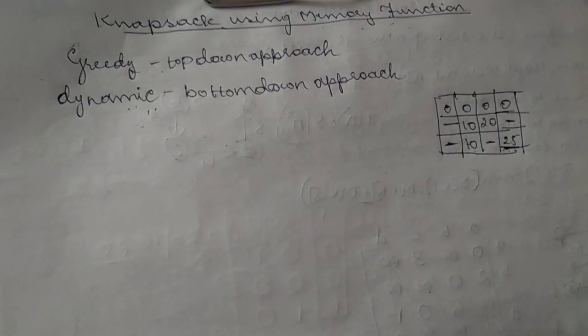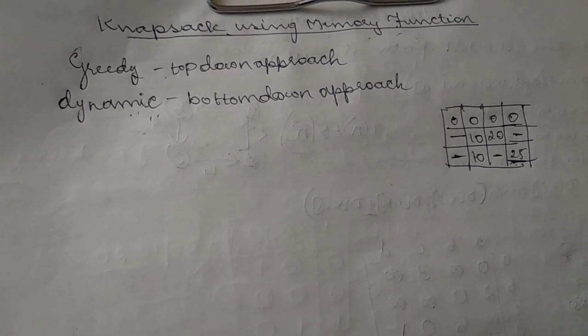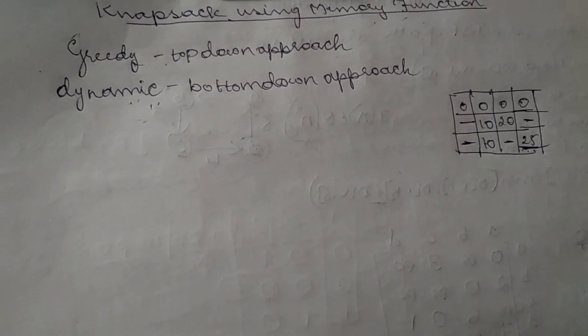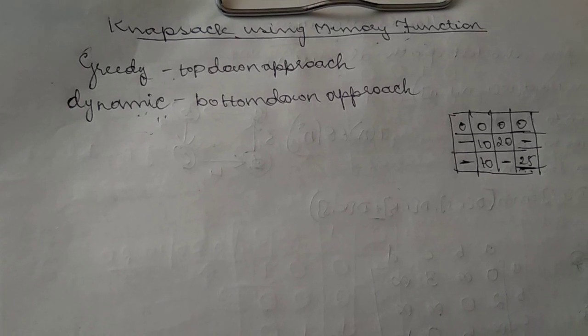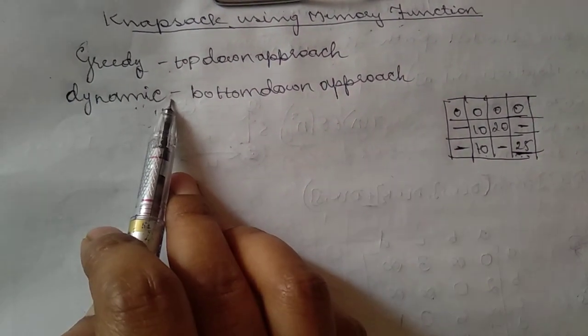Here you have to remember these things. In memory functions, step 1: we use the top-down approach to solve the problem, and as usual we maintain a table to store the computed results, as we did in dynamic programming.